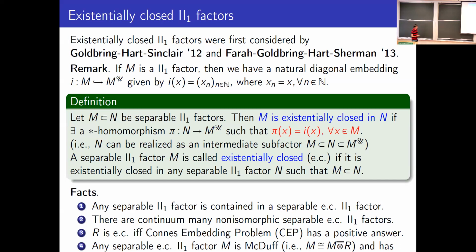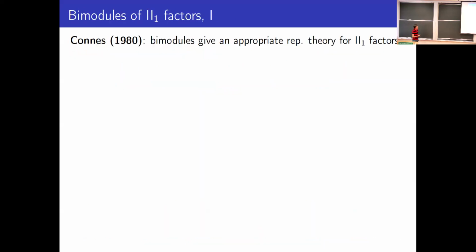All right, so as I was saying, our result is in terms of bimodules. So let me give you a little bit of an introduction to bimodules of II1 factors. So in 1980 or around then, Connes realized that bimodules give you an approximate representation theory for II1 factors.